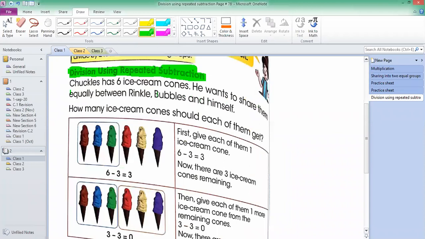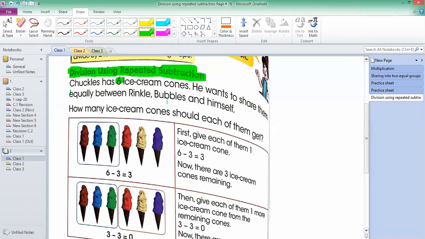So let's read the example of the book. Chuckle has 6 ice cream cones. How many total ice cream cones does Chuckle have? 6.